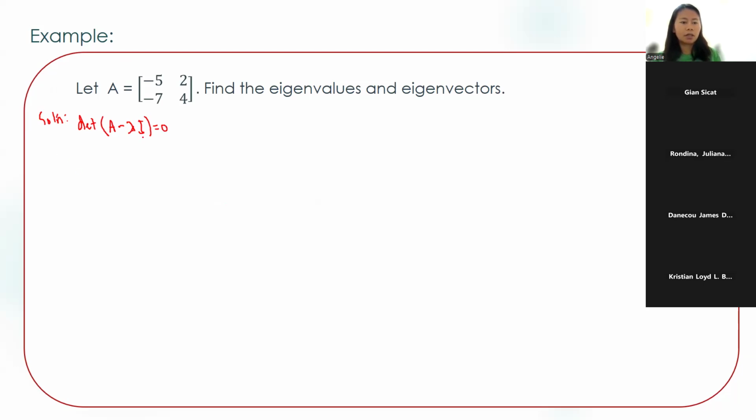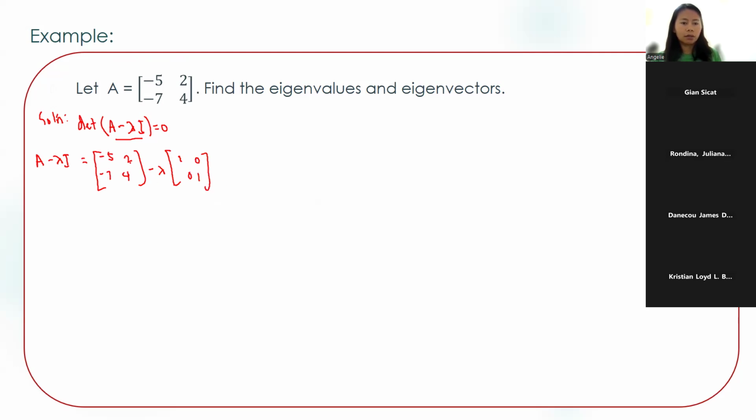Okay? Taking this first, we have A minus lambda I. This is equal to, of course, the given A, negative 5, 2, negative 7, 4, and then the scalar lambda times the identity matrix, 1, 0, 0, 1.